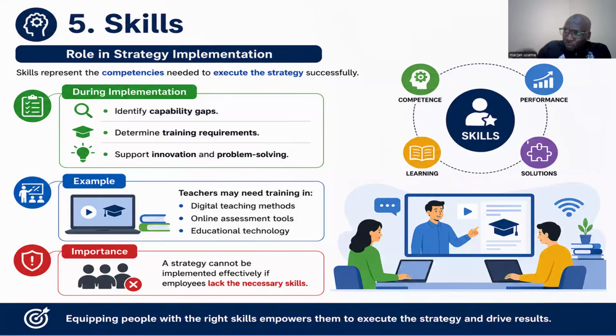The same people in your team, you can train them. If they don't have some skills, then you can train them. You can have a workshop. Then these skills support innovation and problem solving. If your team is having enough skills, they are going to help you solve many problems.